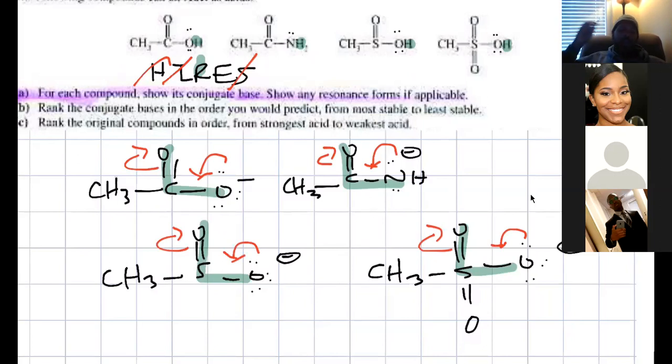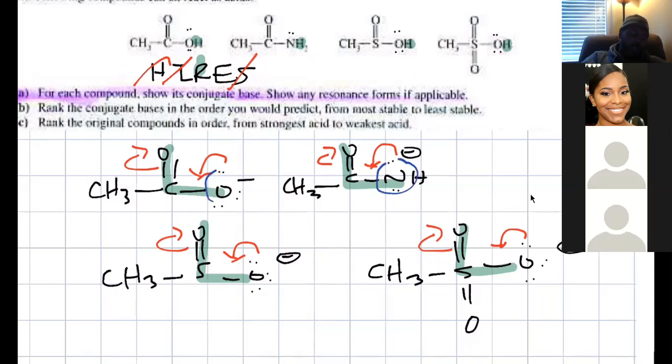All right. Now let's think about where the charge is. So the charge is on oxygen in 3 of the 4 cases, and then on nitrogen in 1 of the cases. So which one of those do you think is going to be the weakest out of all the acids based on where the charge is in the conjugate base? Right? If we're comparing nitrogen to oxygen, what would you expect?